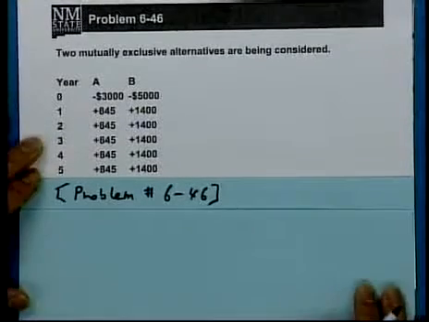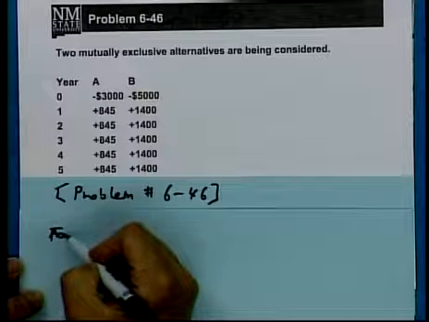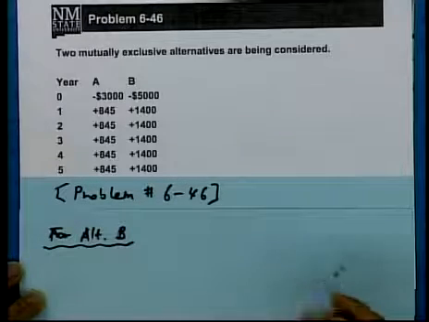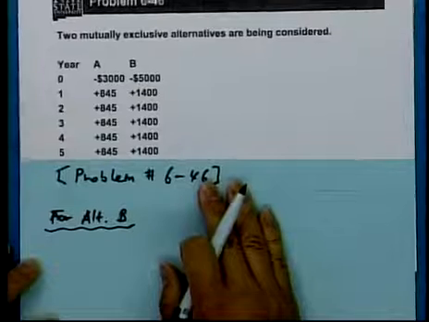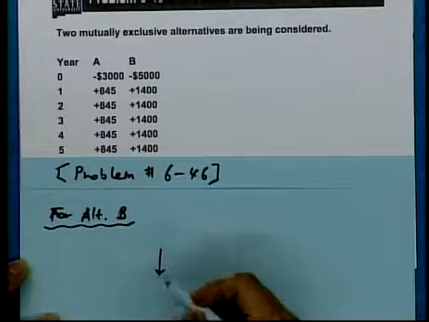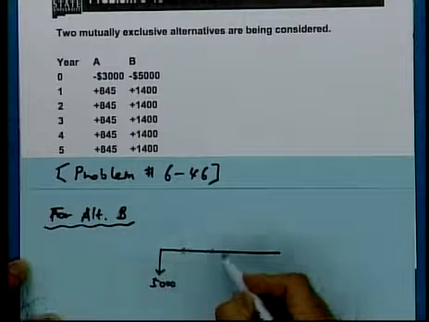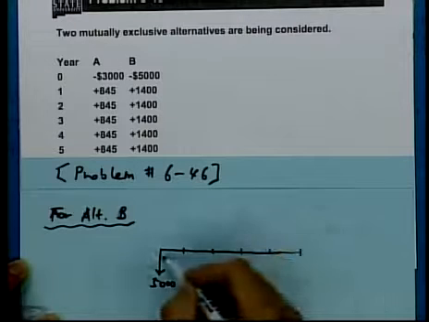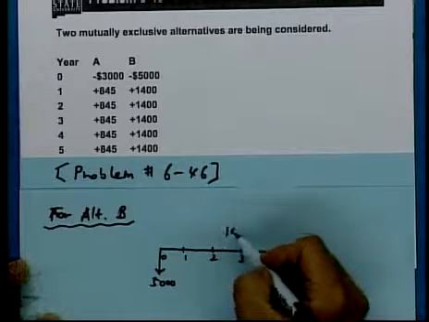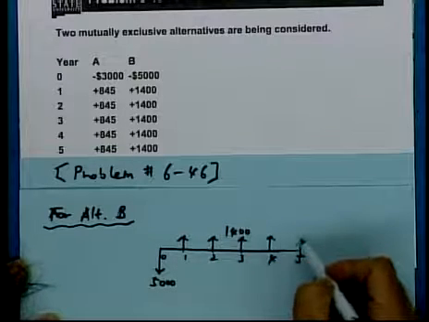And for alternative B, a first cost of $5,000 is required, and then over the next 5 periods, there is an annual benefit of $1,400.